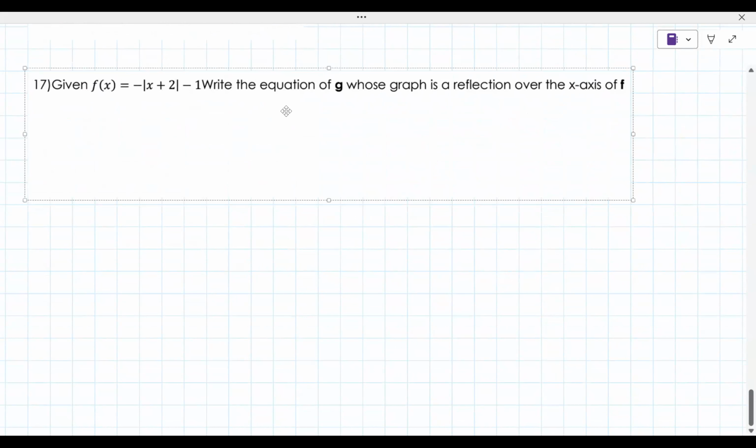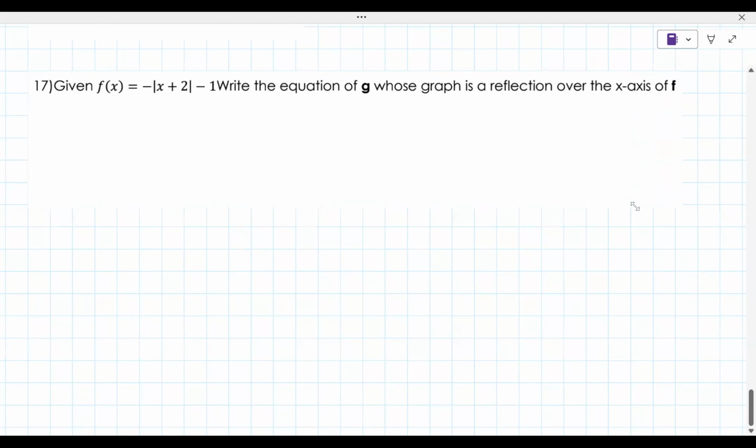All right, write the equation of G whose graph is a reflection over the x-axis of F. Okay, so there's quite a bit going on to understand this.